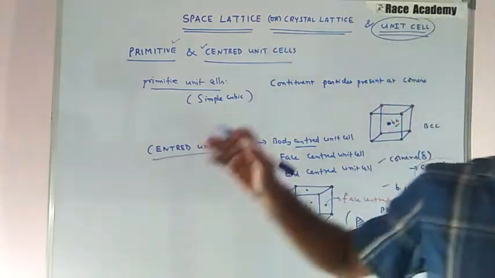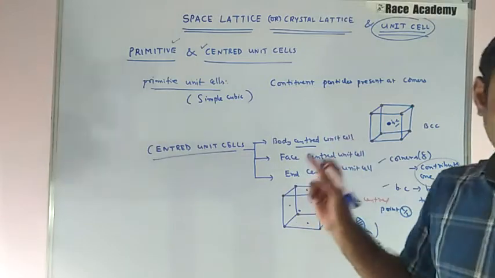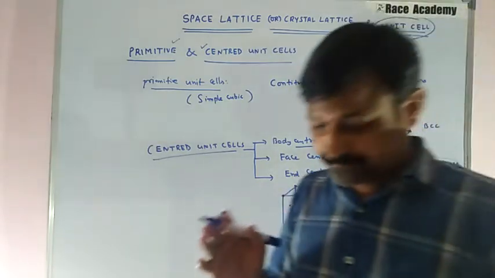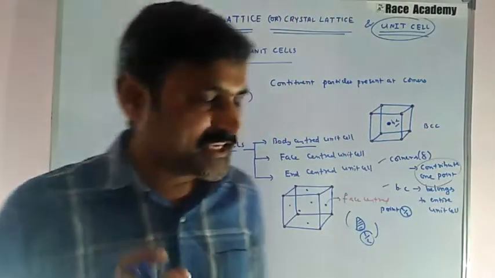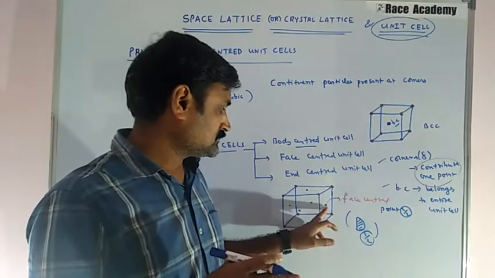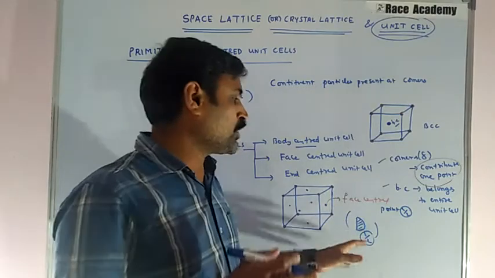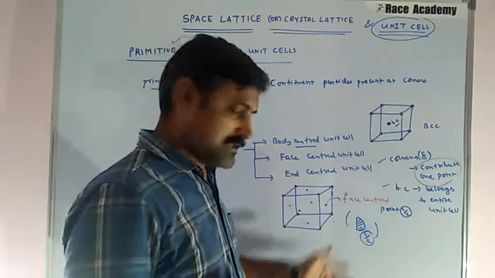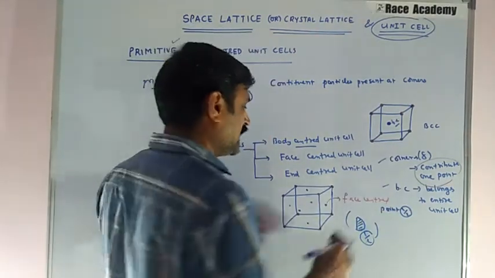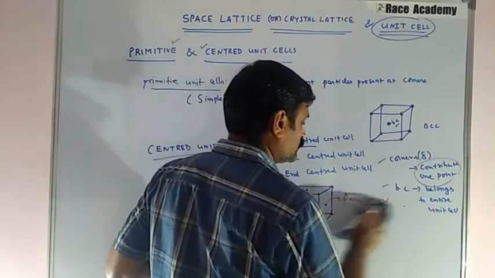Such unit cells contain one constituent particle at the center of each face. So we are just saying one, but this is not one. We will come to know the contribution later on. The contribution I am telling you is 1/2.